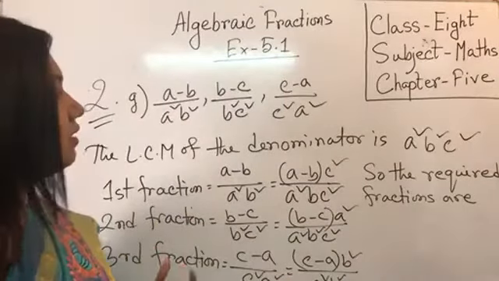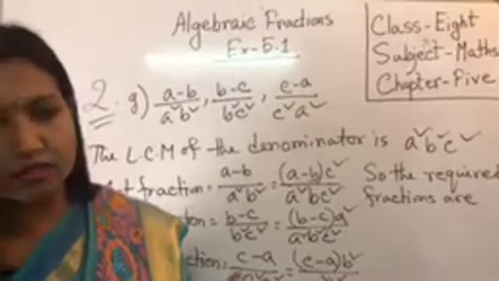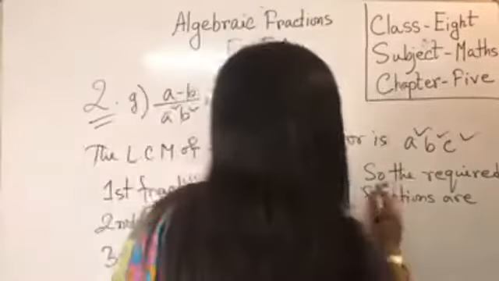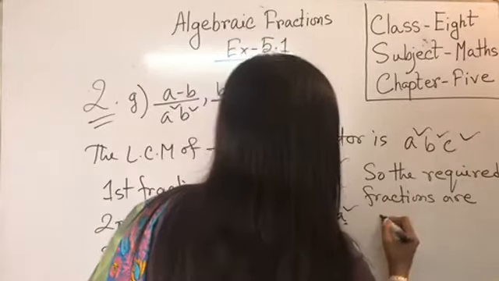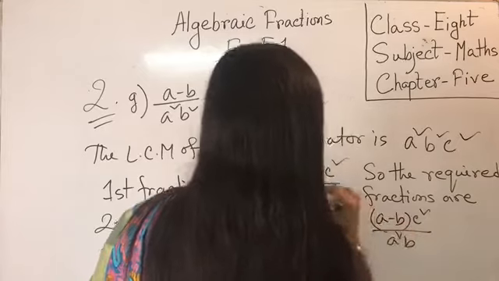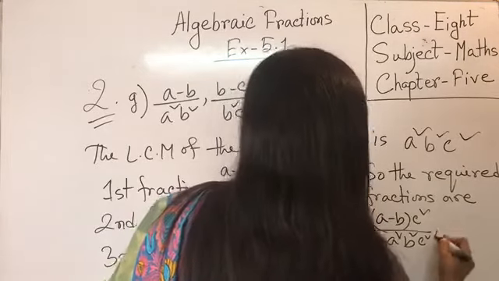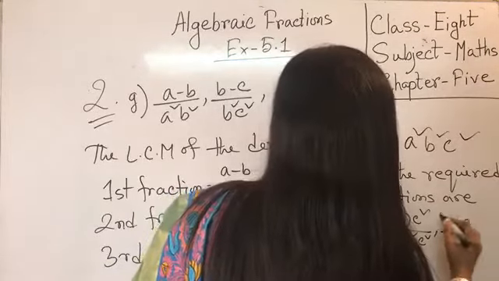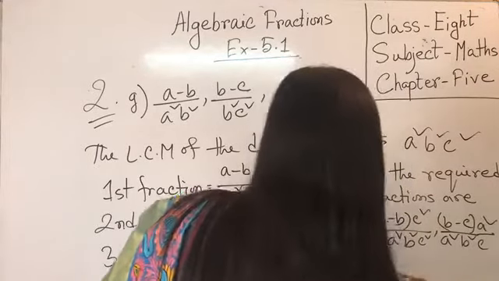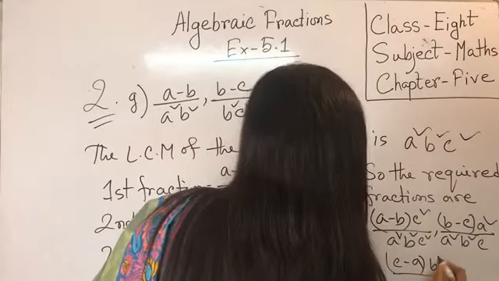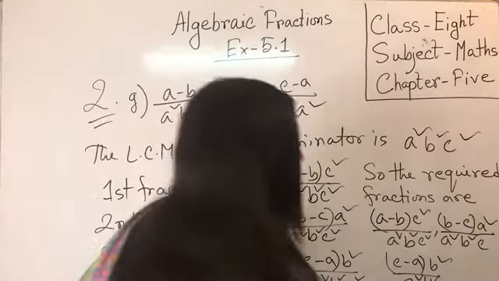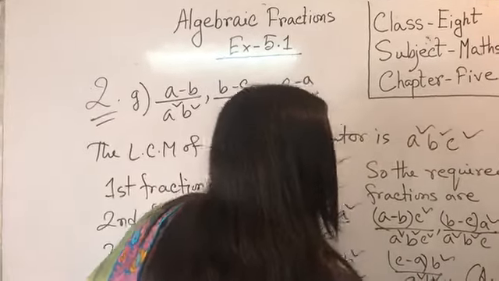The question was the same common denominator, and the common denominator we have already got. So the required fractions are (a minus b) c square over a square b square c square, comma, (b minus c) a square over a square b square c square, and (c minus a) b square over a square b square c square. So that is the answer.